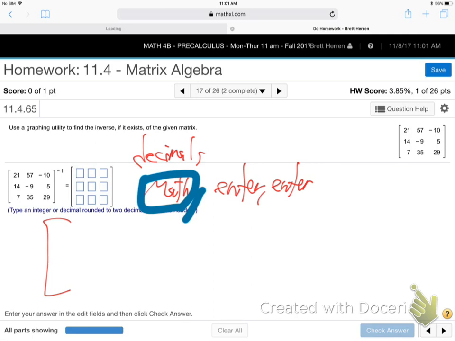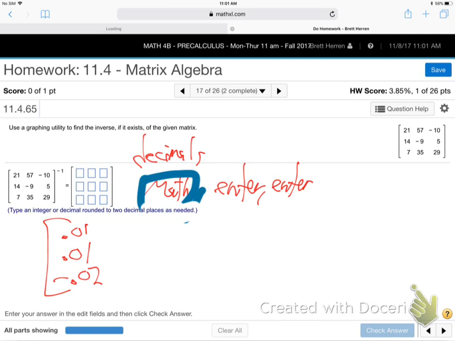So I'll go back. Here we go. How many places do they want to round to? 2 places. I get 0.01, negative 0.02. You guys getting that?